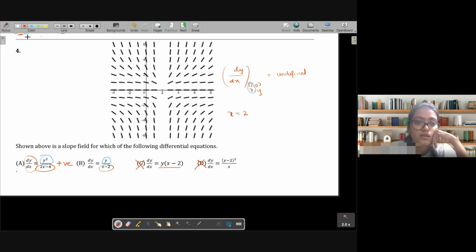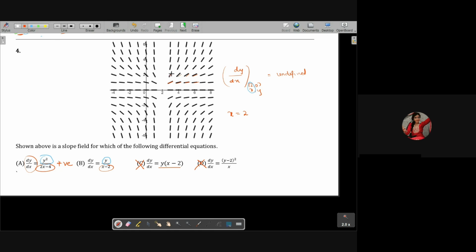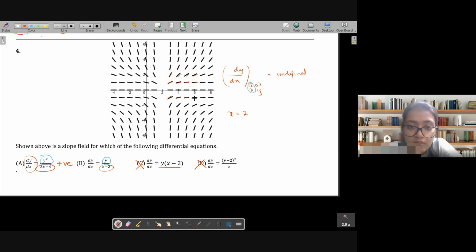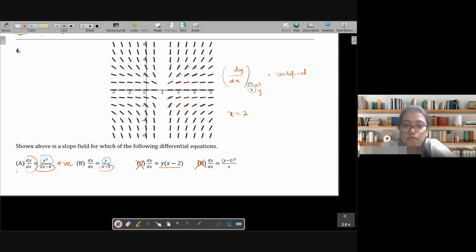For example, I want you to see these slopes, and also all of these slopes. Can you identify some common behavior in these slopes? They're like the reflection, the mirror image, sort of. No, what is the nature of these slopes?